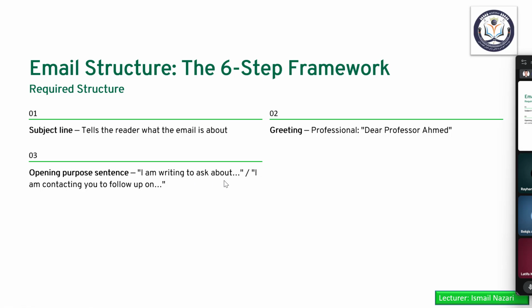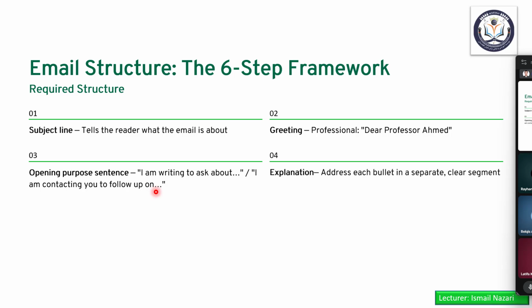Or we can say, I'm contacting you to follow up on. Or, I'm writing in connection with, or I'm writing regarding. These sentences show the reason we write the email. They're all the opening sentences. So we have the third section as the purpose sentence.